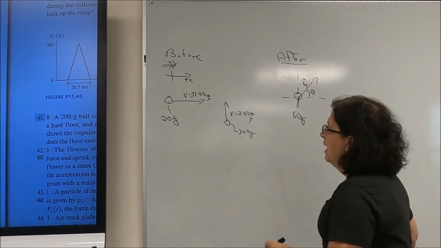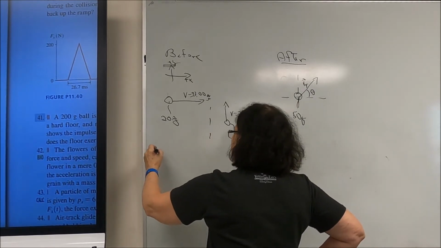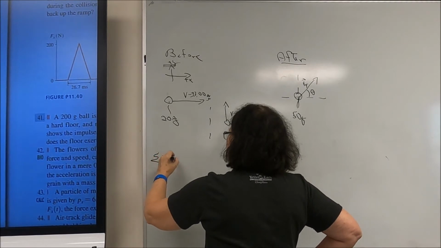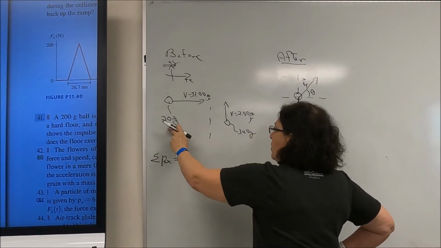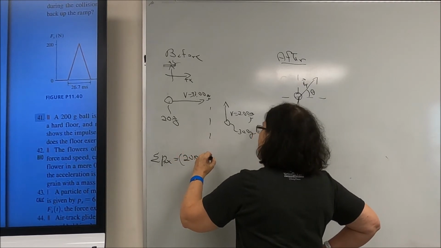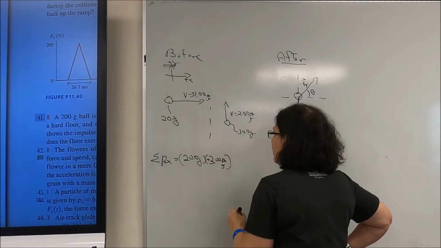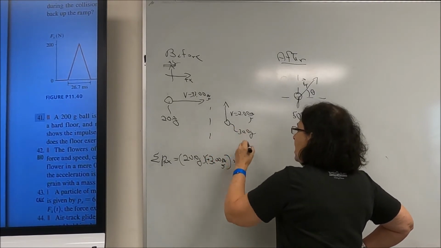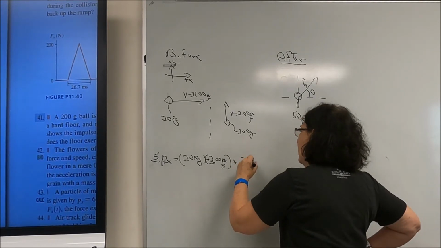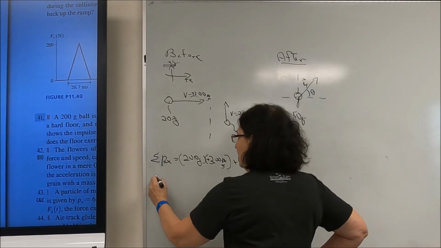Okay? Now, if I think about momentum initially in the x direction, well, my 20-gram ball is traveling at plus 3 meters per second, and my 30-gram ball is only traveling in the y direction, so I'm going to have 30 grams times 0.